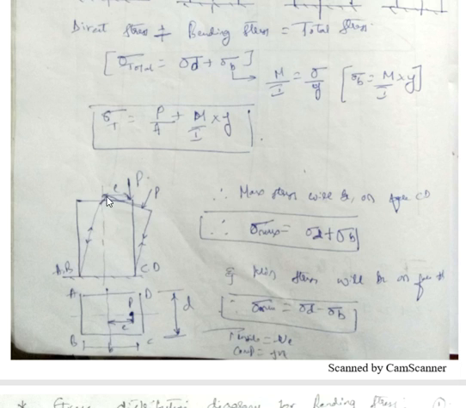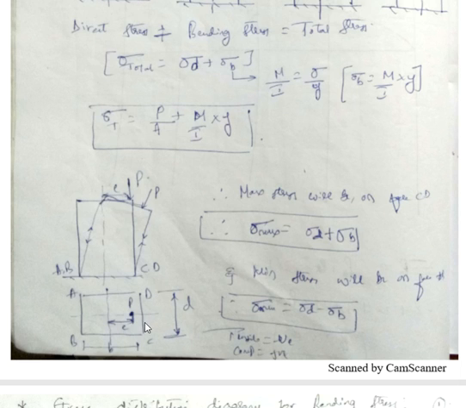But same thing, if I consider corner A and corner B, that is along this layer, when the beam bends to the right side, this layer is getting stretched or elongated. That means because of bending moment this layer is getting elongated, so there is a tensile bending stress acting on this layer. And like I told you, if there is a tensile stress, then we need to take it as negative.